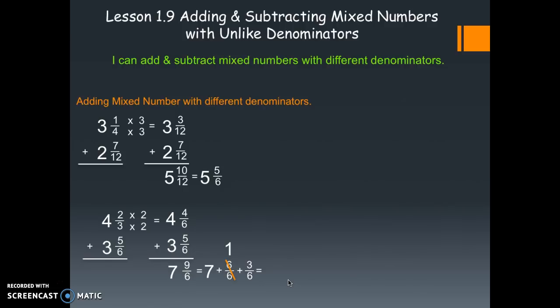So now I have 7 plus 1 is 8, plus the 3/6 gives me 8 3/6. But then I've got 3/6, and I know that I can divide both of those by 3 to simplify that answer. And then my final answer is 8 1/2.